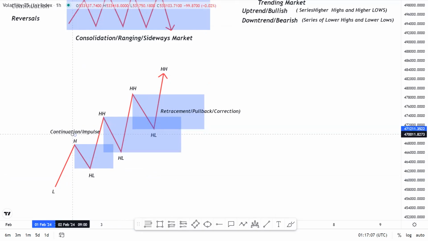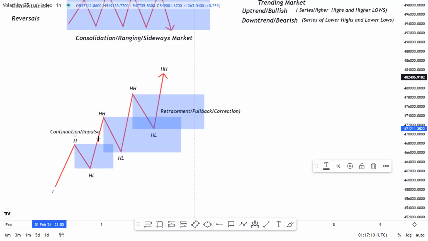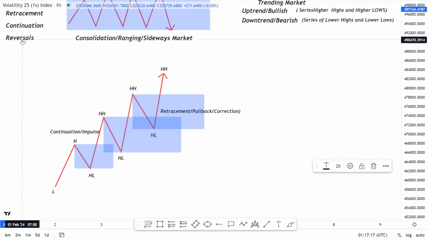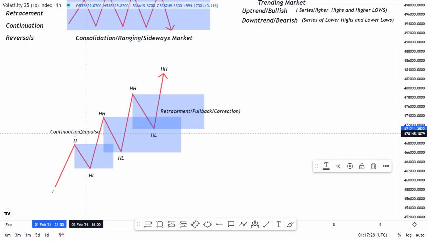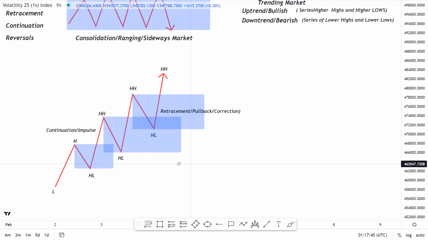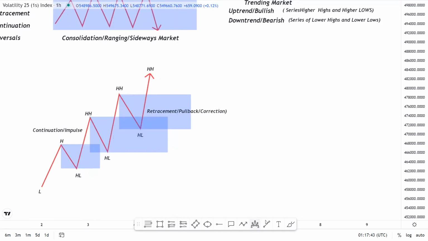So every one of these buy movements in line with the market trend is our continuation moves. Continuation, also called the impulsive movement or the impulse. I think there's also another word for it. Now, this is clearly for an uptrending market.